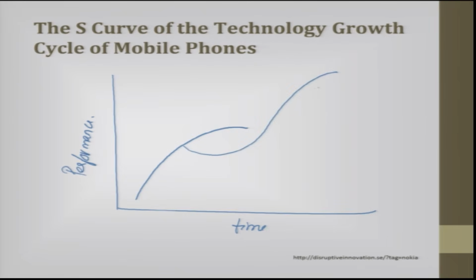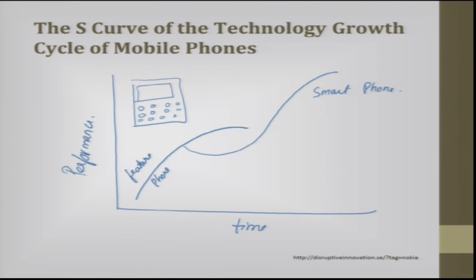Okay. This is the smartphone usage and this is the feature phone usage. Feature phone usage is nothing but the punch type. You remember 10-15 years back, this was the phone which came into the market, wherein you punch the letters, and this is what is a feature phone.